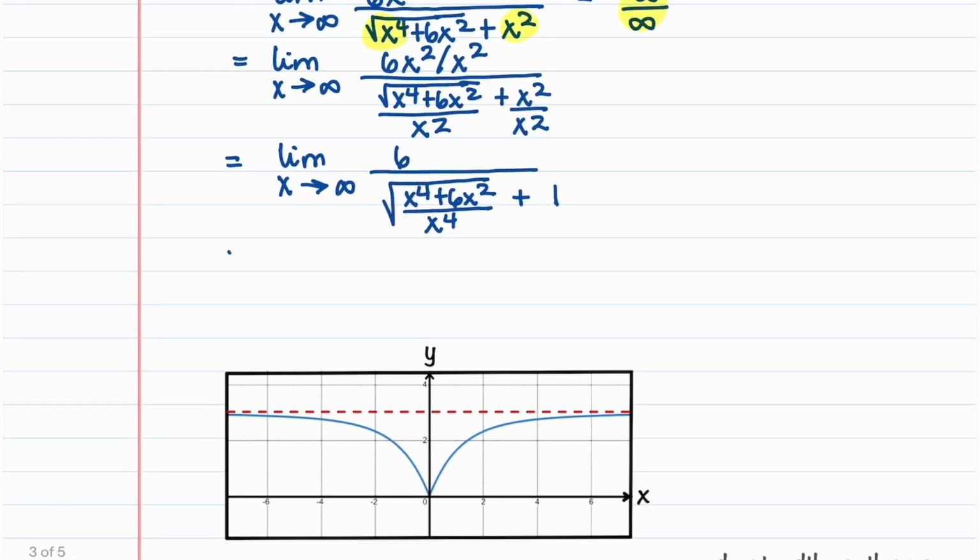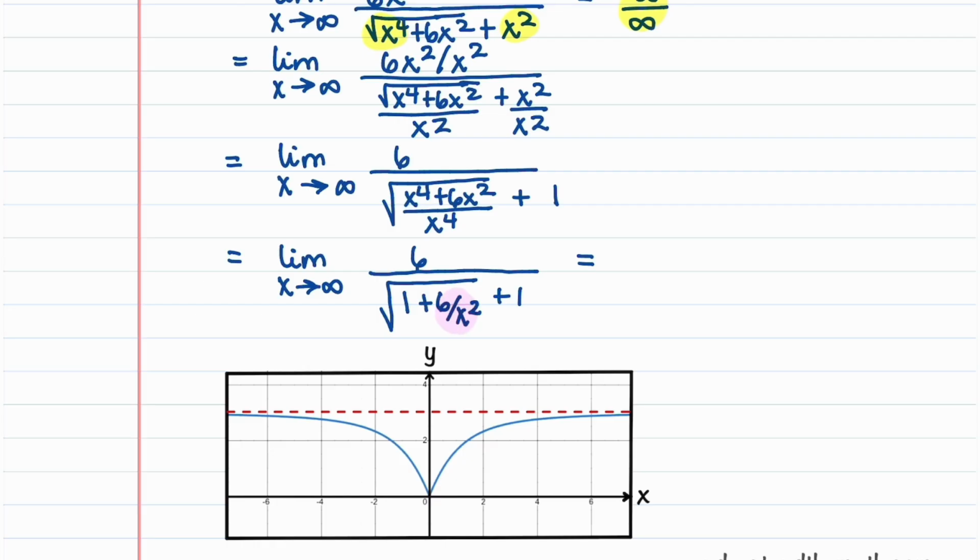Hang with me, we're almost done. We have one more step to do. On the top, we have a 6. Now we're going to divide out this x to the fourth. This is going to give us a 1 plus 6 over x squared plus 1. Now we can go ahead and plug in. X is going to go to infinity.